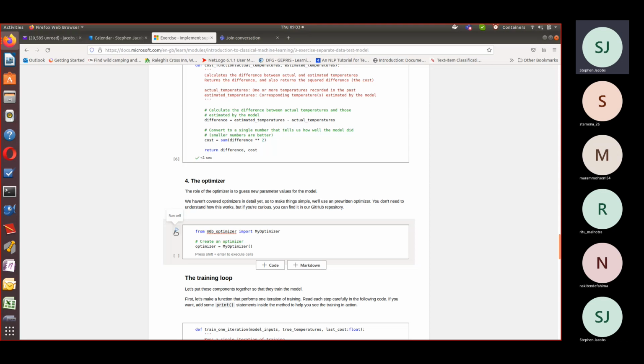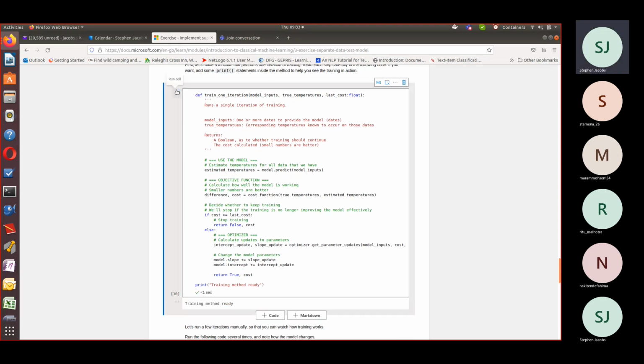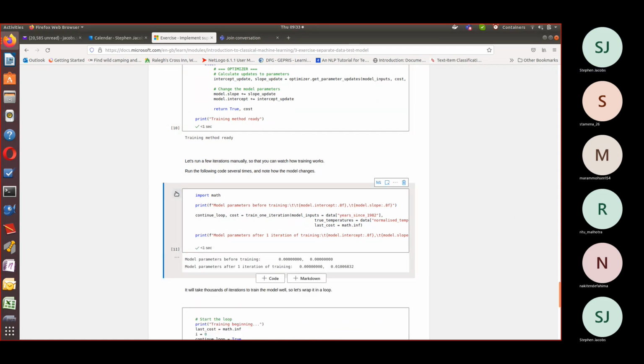You need to run that. Then we can run this. And then we should be able to run this, hopefully without getting errors. Yeah, there we go. There are our parameters.